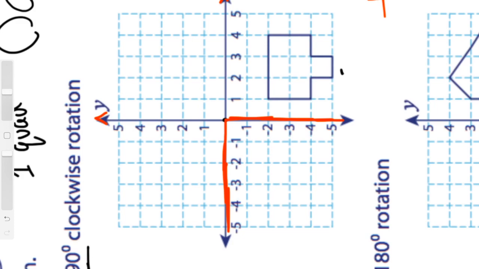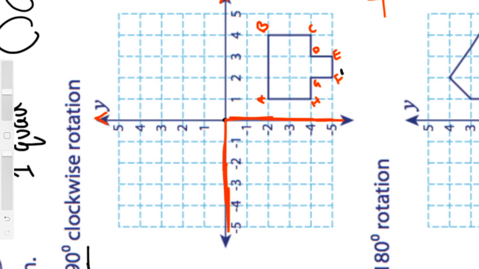Then I need to take note of all the labels. Now, yours will probably be labeled with letters F, G, H. Okay, and I need to take note of the position of that letter in terms of the origin.